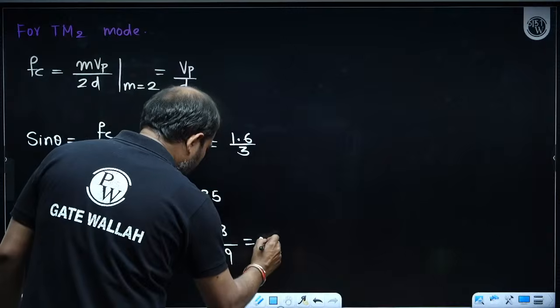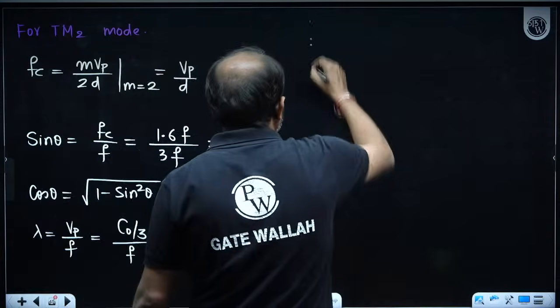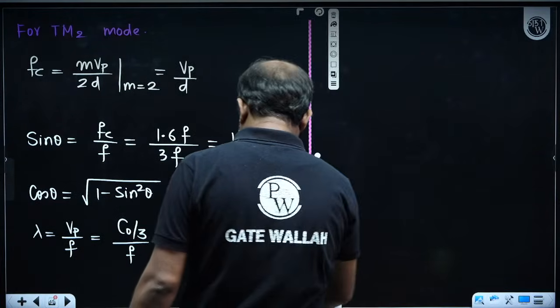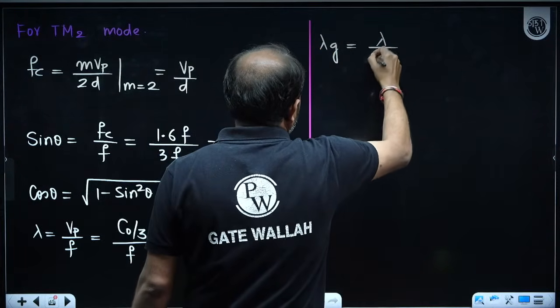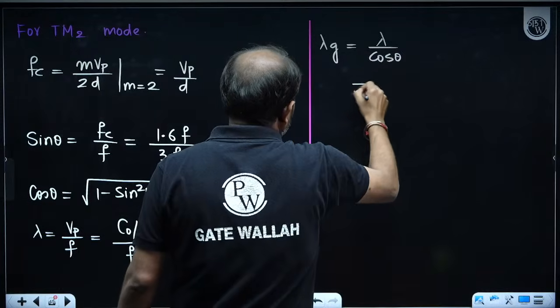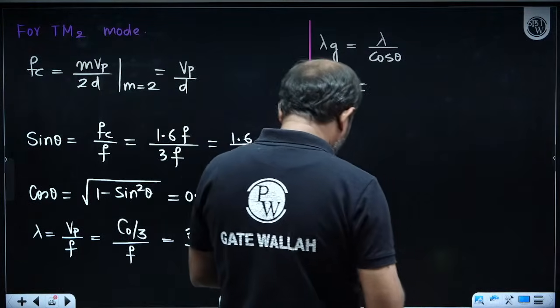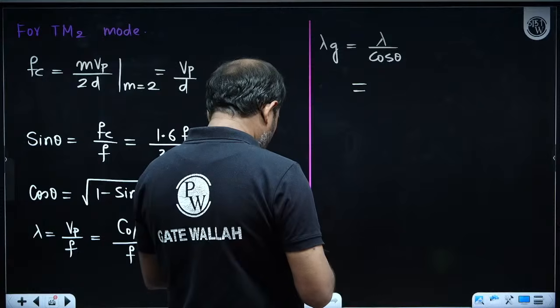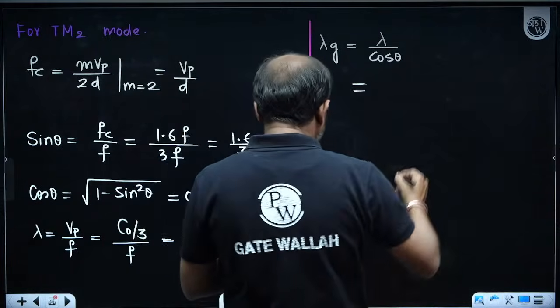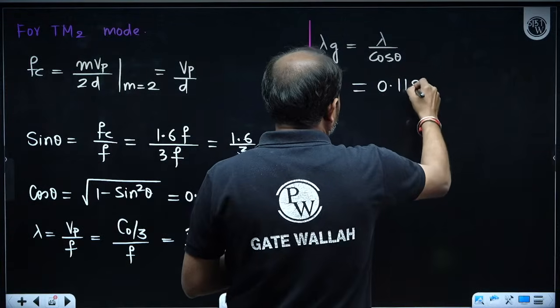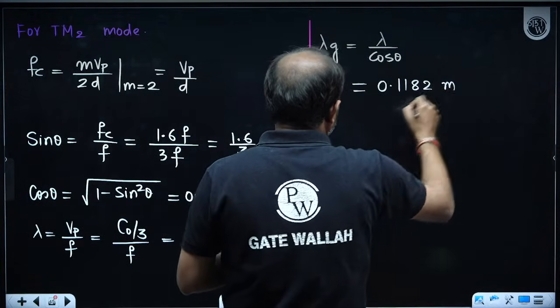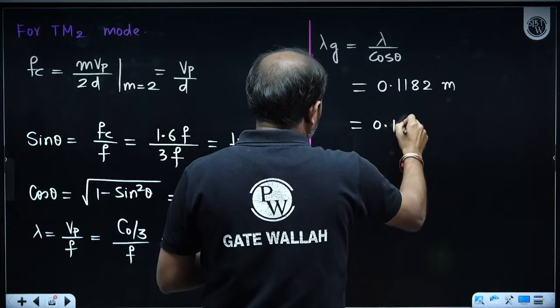So it will be 0.1 meter. Then lambda g is equal to lambda upon cos theta. So 0.1 divided by answer, 0.118582. It will be 0.12 meter.